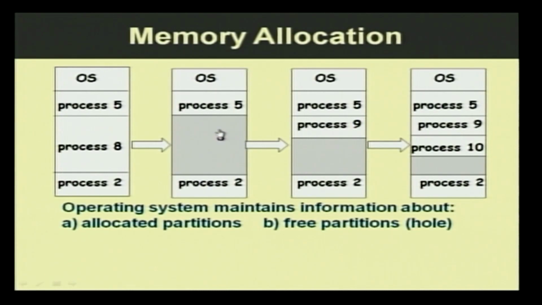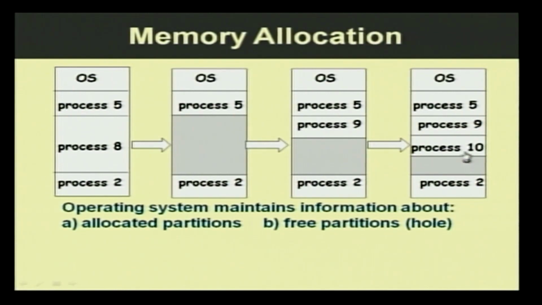Now, if any other process requests allocation, it can be given room in this memory area provided it is within the limits of this particular memory area. Assuming another process 9 comes in for want of a memory area, it is given allocation, and even then there is still another segment of memory which is created as a hole.